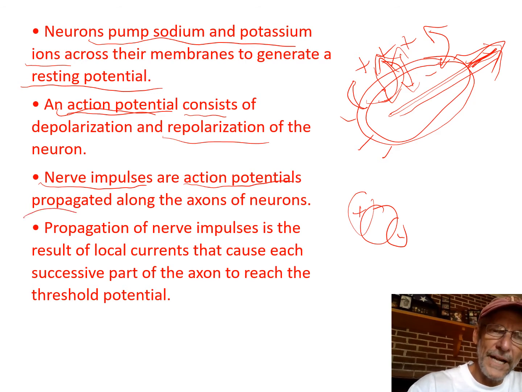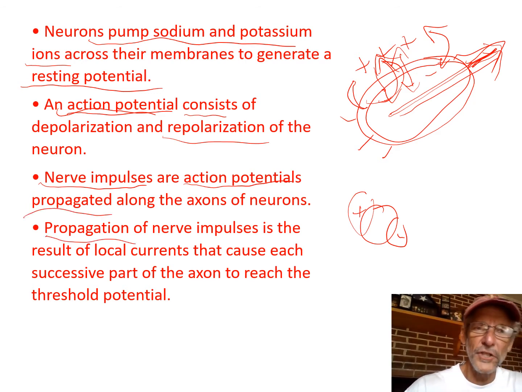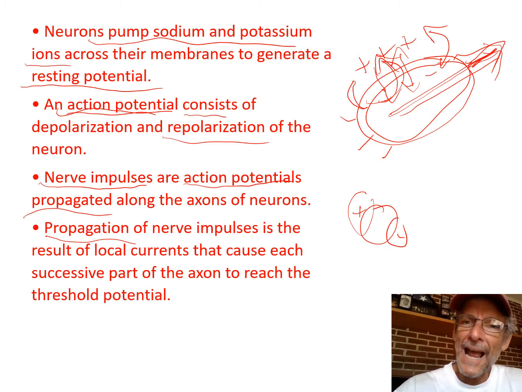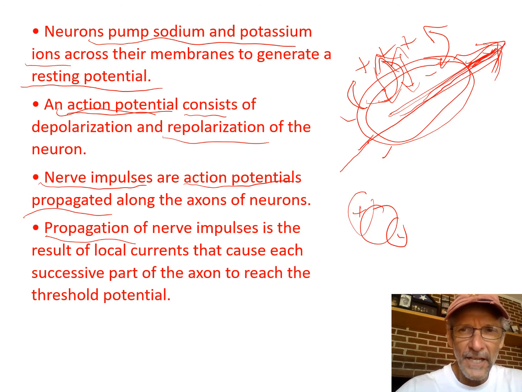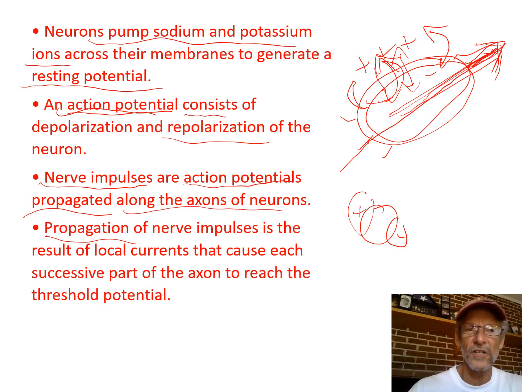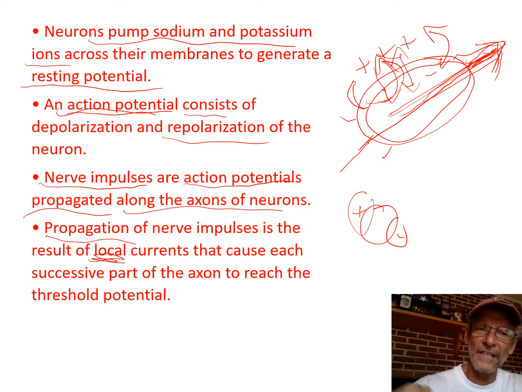It's propagated. Here's this word that's commonly used here, right? What that means is it's moved along, propagated along the axons of neurons. Well, it's also propagated from the dendrites to the cell body and then along the axon eventually, but here it says, along the axons. And it's the result of local currents. What's that mean? It means not your whole body is having these currents, just local.